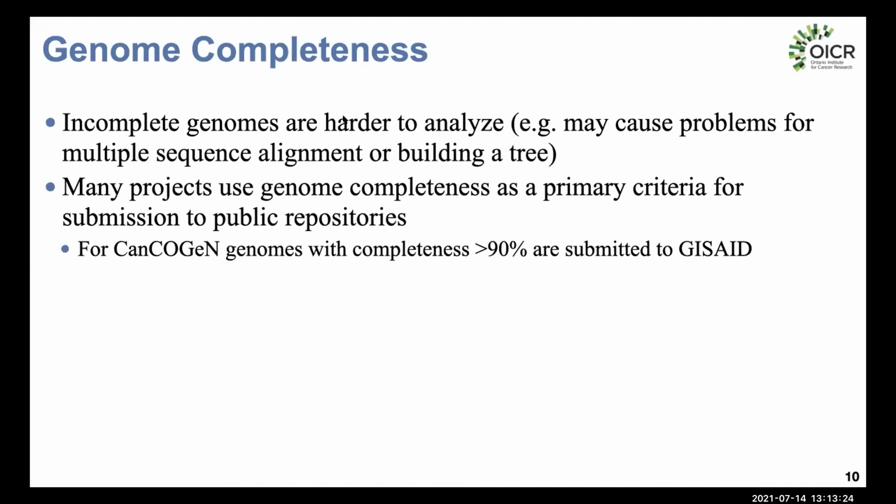So many projects, I think probably all projects, use genome completeness as one of the primary criteria for determining whether a sample is good enough to analyze, and more importantly, also whether it can be released publicly into large sequence collections like GISAID or other data repositories. And for CanCOGeN, we require that the genomes must be at least 90% complete for them to be publicly released into a data repository.